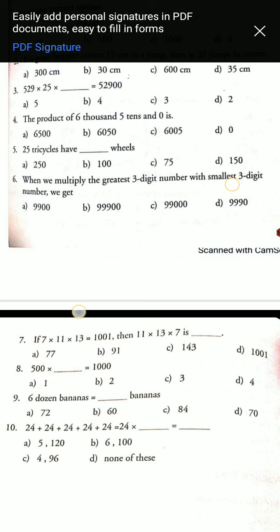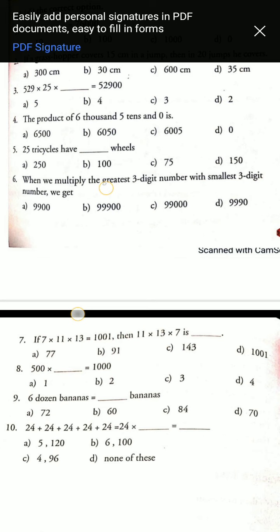Listen again, the greatest 3-digit number is 999, the smallest 3-digit number is 100. That means 999 multiplied by 100.